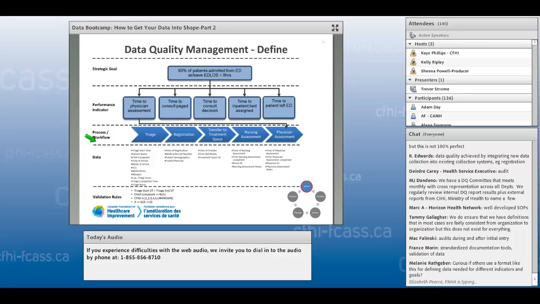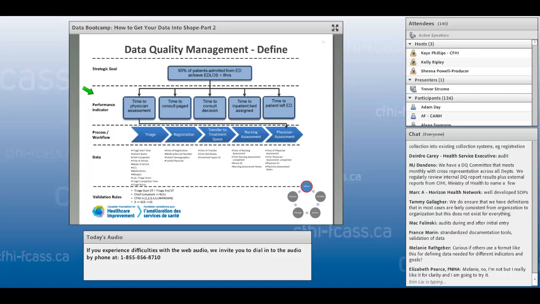We would have fairly detailed value stream assessments of a particular workflow. Lean projects and Six Sigma projects typically will have performance indicators assigned to them, so the strategic goals and performance indicators are very often discussed as part of lean projects.